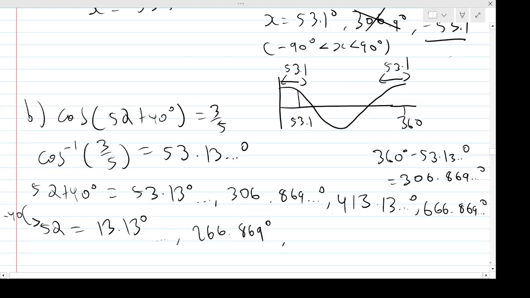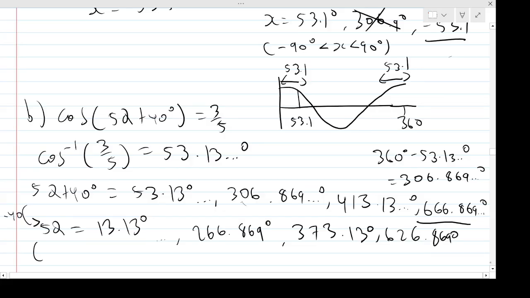And then if I subtract 40 from this next solution, I get 373.13. Then if I subtract 40 from this last solution, 666.869, I then get 626.869, right? Now that's for 5 alpha.